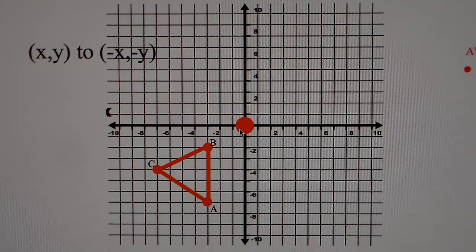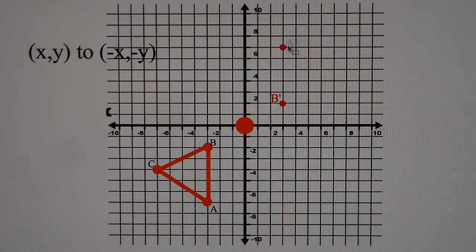So we have the coordinate negative 3, negative 2. When we change that, it will turn into positive 3, positive 2. So that means positive 3 to the right and 2 up. And that becomes our B prime. Our A is negative 3, negative 7. So it becomes positive 3, positive 7.